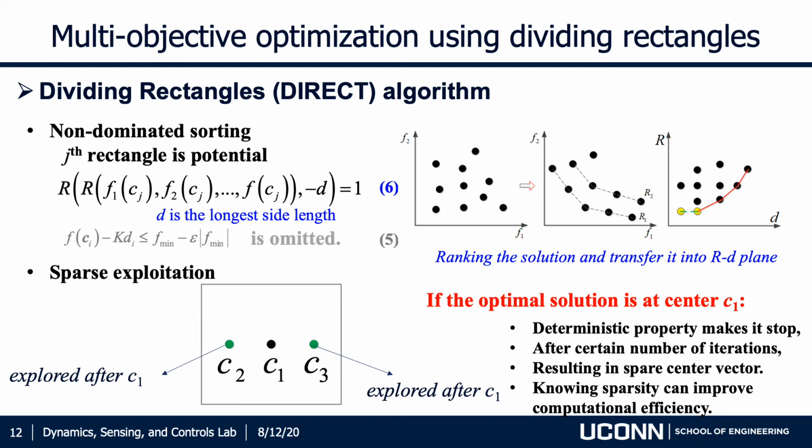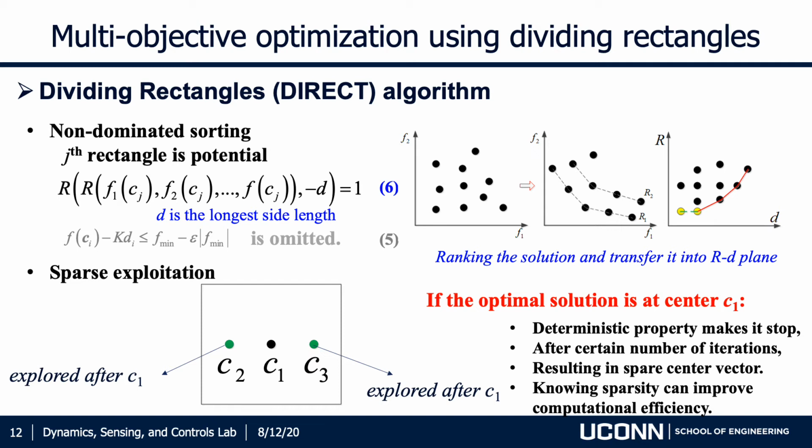Then the jth rectangle is said to be potentially optimal by satisfying condition 6. In equation 6, R is the rank operator and D is the longest length of the rectangles. Thus, the algorithm can group more rectangles with the same size at the same time.